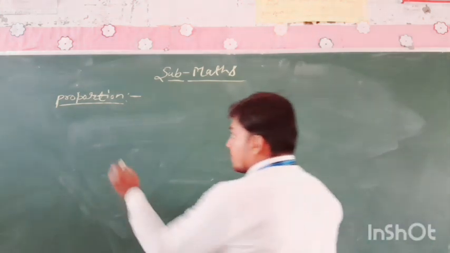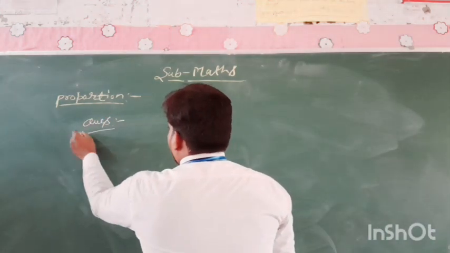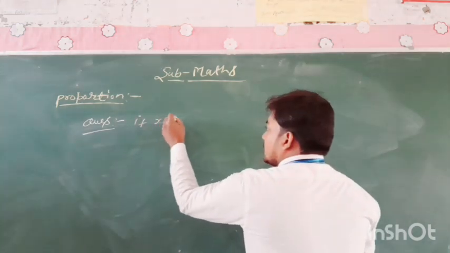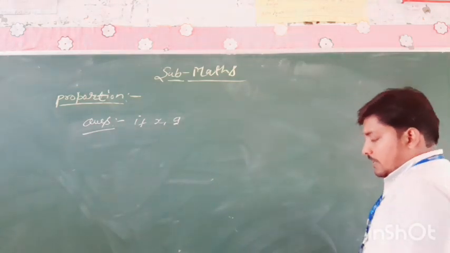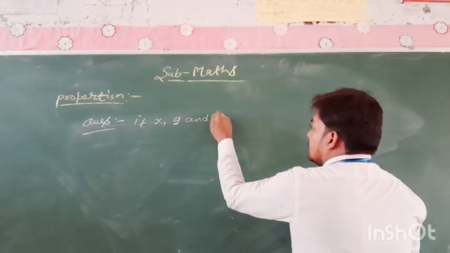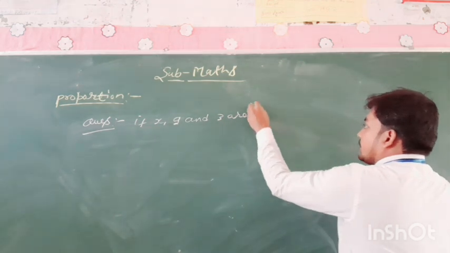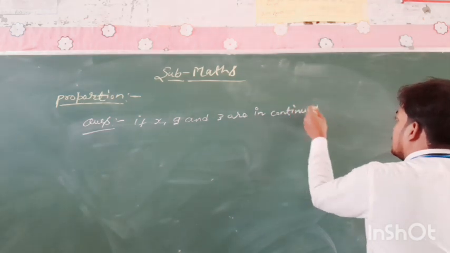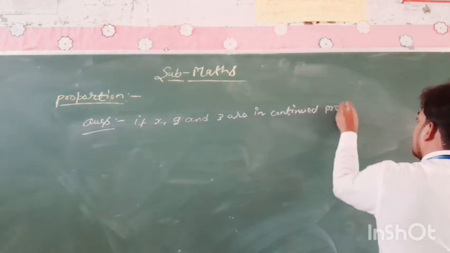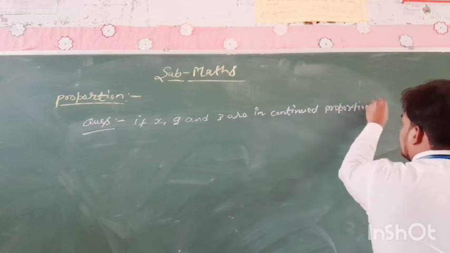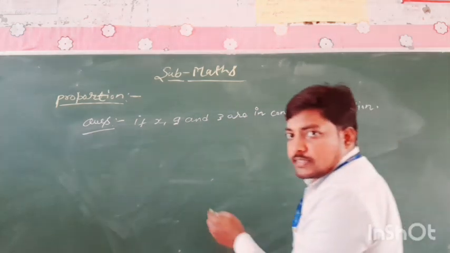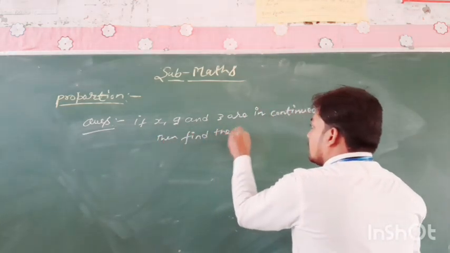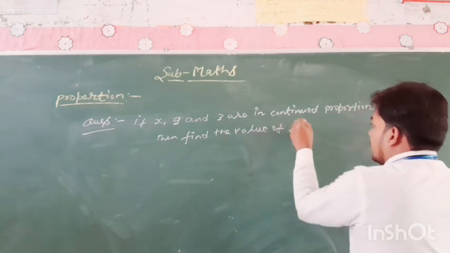Question is: if x, 9, and 3 are in continued proportion, then find the value of x.